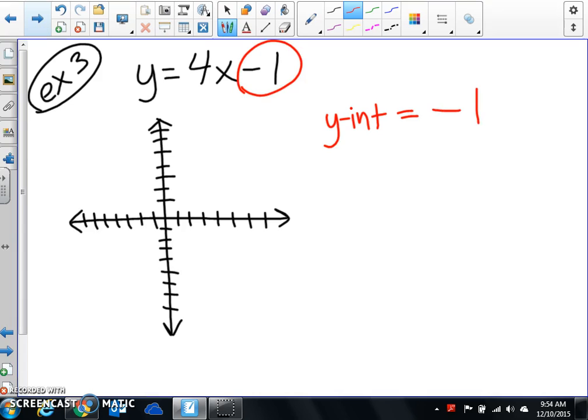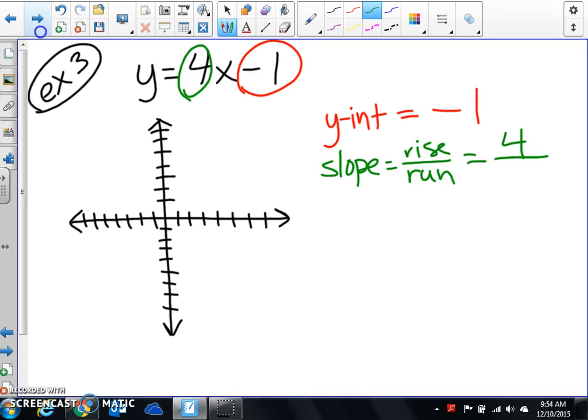Be careful, take the sign in front. Then I take my slope, which is rise over run, which this time is just 4. So I need to make that a fraction because slope is a fraction. What can I put 4 over to where it still stays 4? It's 1, right? Because 4 divided by 1 is 4.